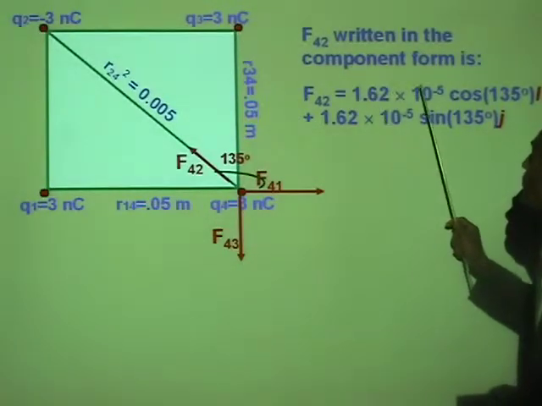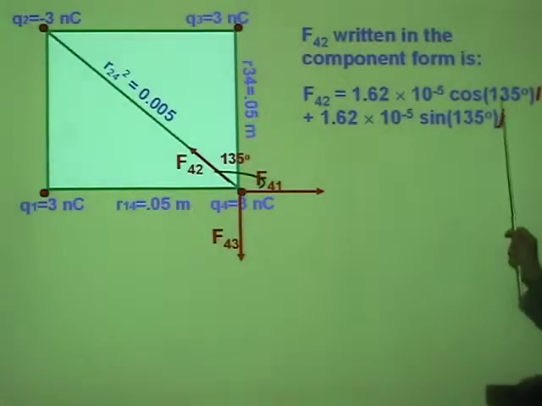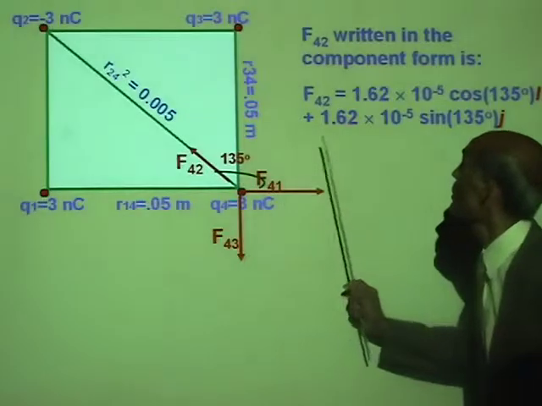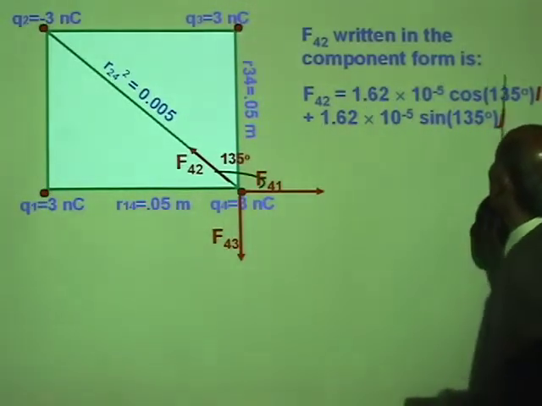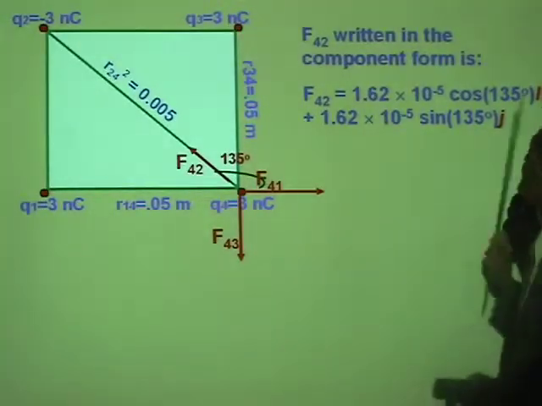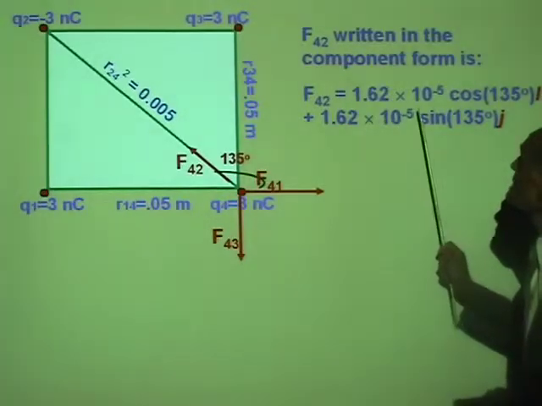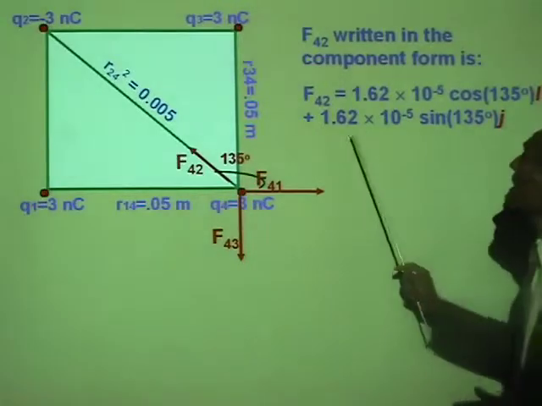That is 1.62 times 10 to the negative 5 cos 135 I. That is the x component. So you can see that's going to be a negative number. If you put this in your calculator, it will give you a negative number. So that's the x component plus 1.62 times 10 to the negative 5 sine 135 degrees J.